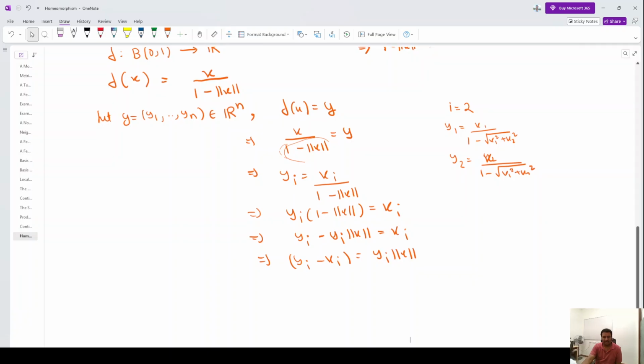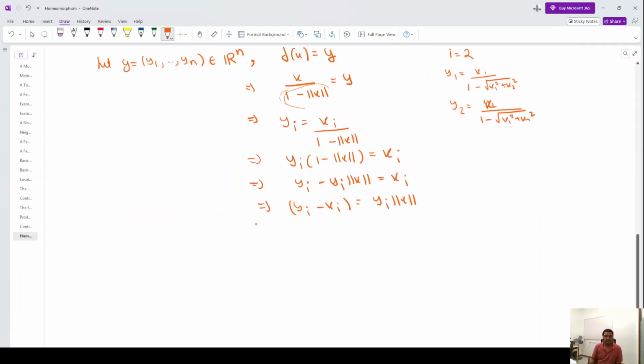Now square both sides, so the square root thing will go. If you square this, you get (yi minus xi) whole square equals yi square times (x1 square plus x2 square plus, somewhere, xi square, plus dot dot dot plus xn square).